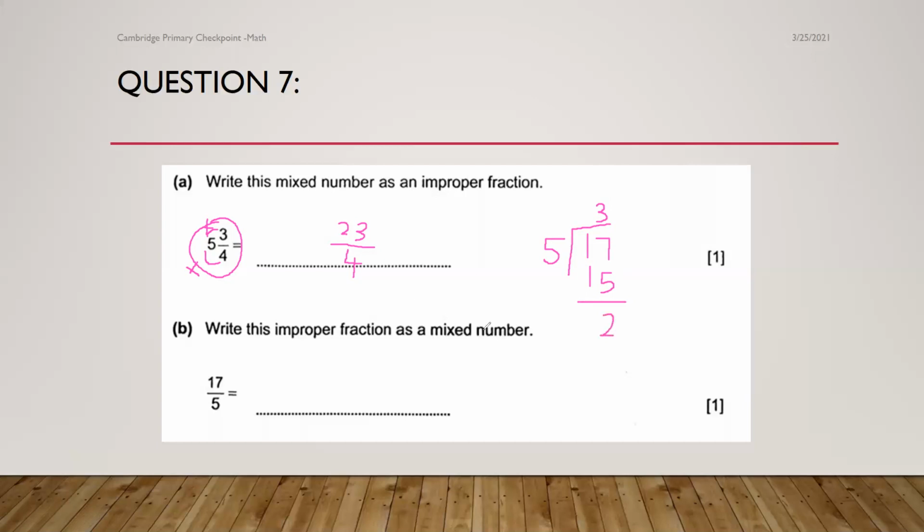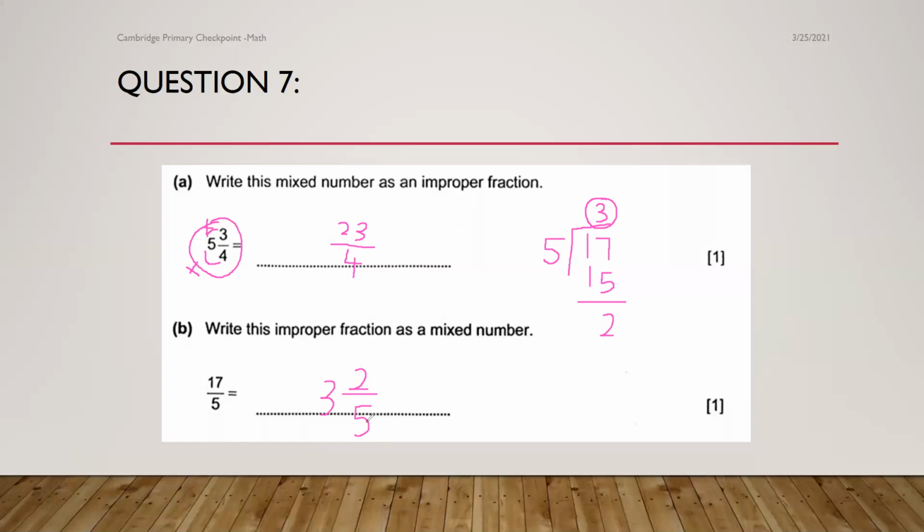So when I'm going to write it as a mixed number, this is my whole number. So it's 3. And you make sure you can't change your denominator. You have to keep the same denominator. So I have my denominator as 5. And my remainder is 2. You can check whether your answer is correct by multiplying and see whether you are getting 17 over 5.